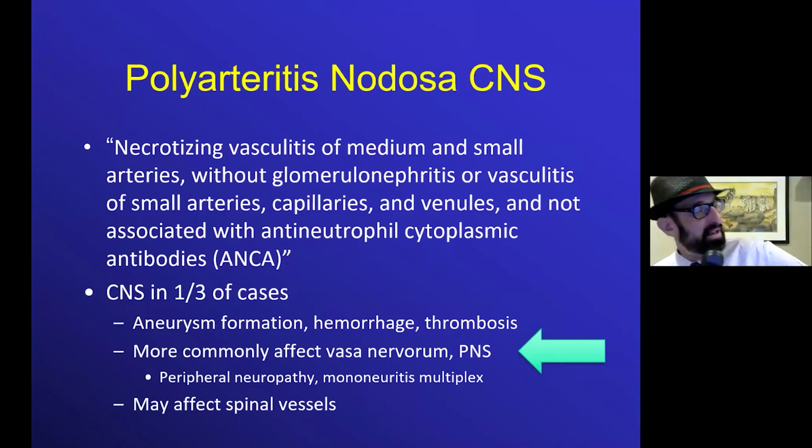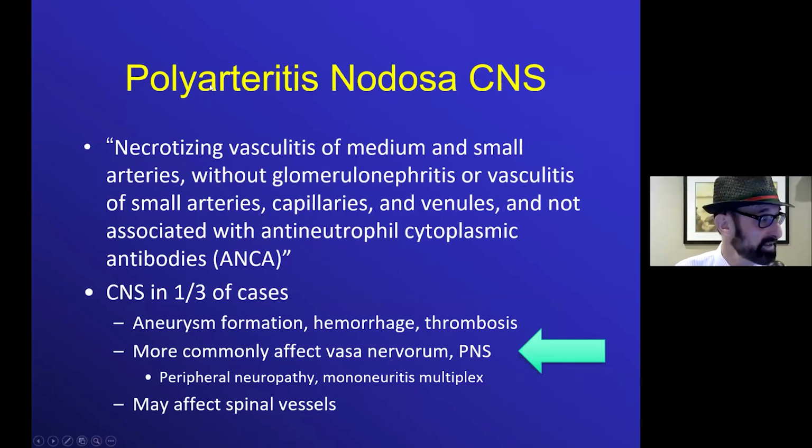Polyarteritis nodosa is a necrotizing vasculitis, medium as well as some overlap to small vessels, that may be associated with kidney problems as well. In the central nervous system, which is affected 1/3 of the time, you can have aneurysms, hemorrhage, thrombosis.